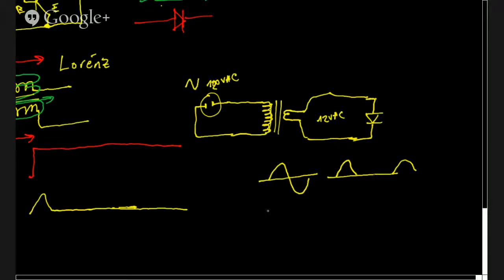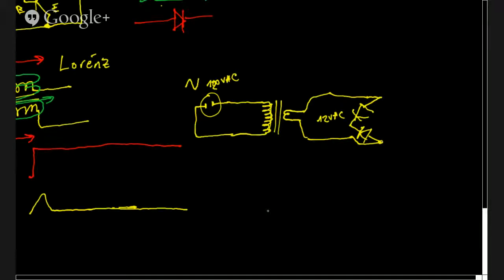And we can put in another diode backwards. In fact, we need 4 diodes to completely turn that AC into DC.